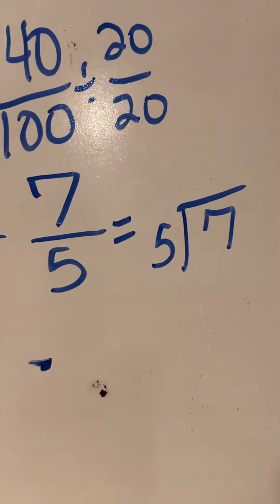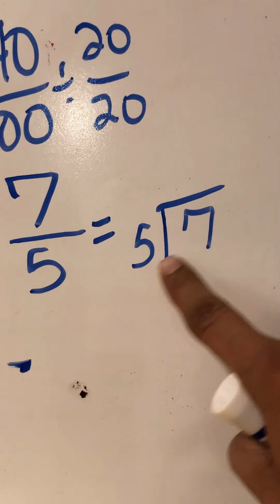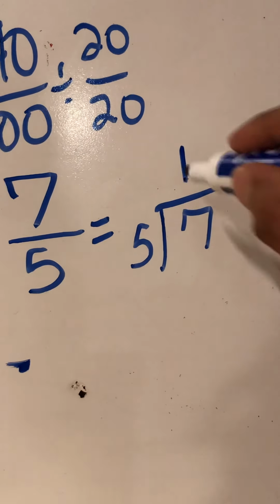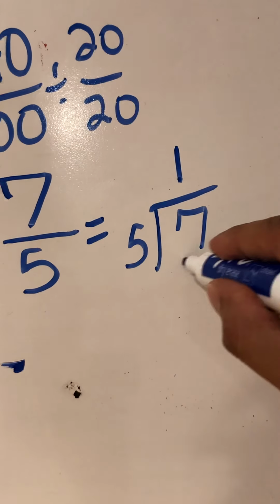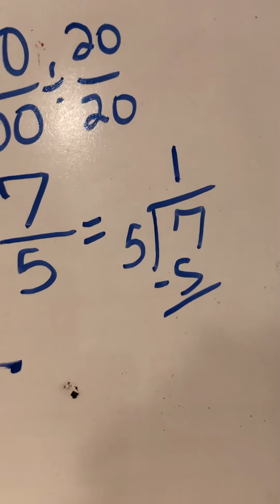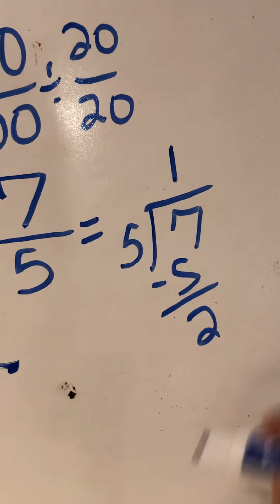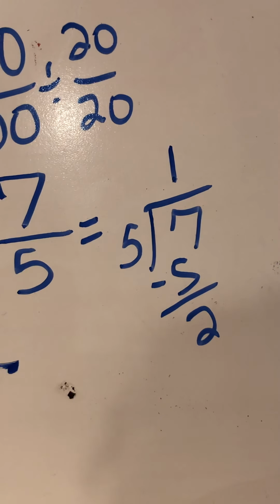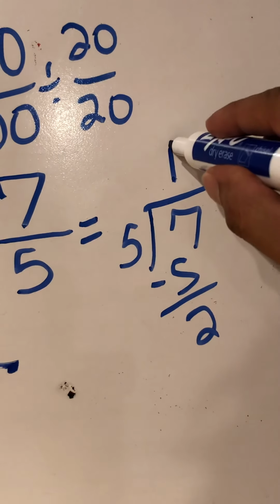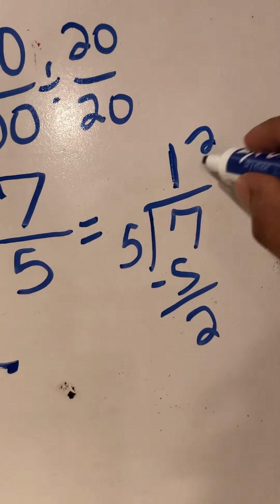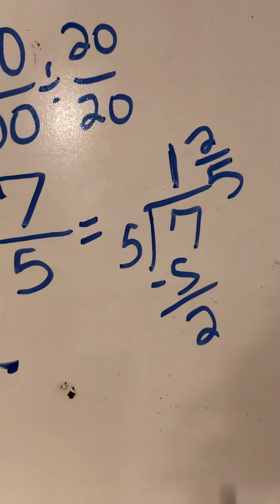We have to divide the top by the bottom. 5 goes into 7 one time. 1 times 5 is 5. 7 take away 5 makes 2. Right? So 1 and 2/5.